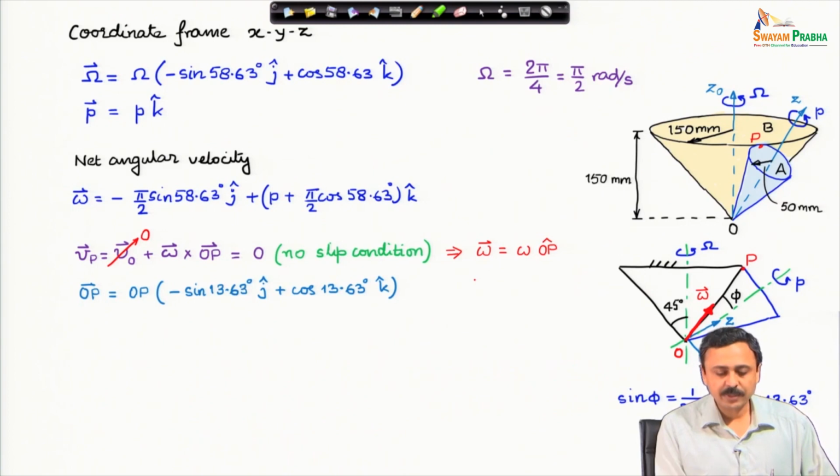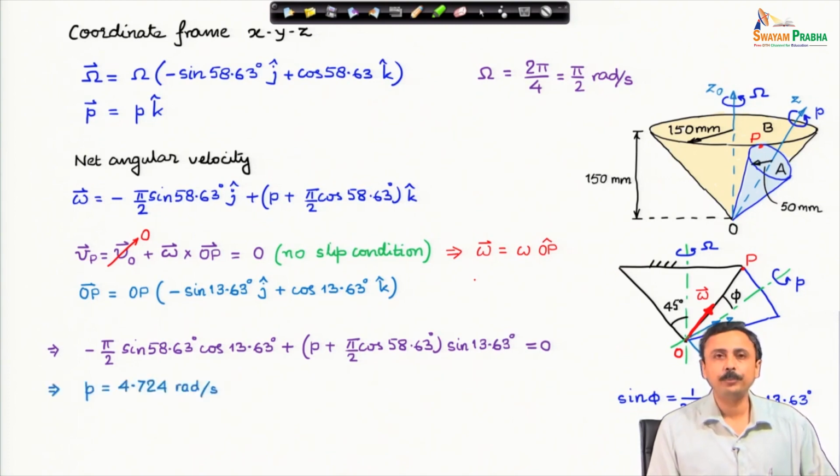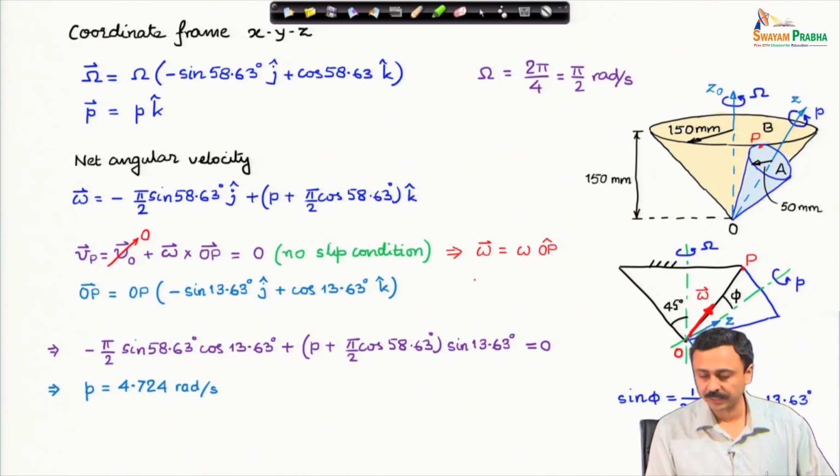Now, OP vector I can represent very easily. I have this angle phi, I can represent this vector in xyz, which I have done, and this is omega cross OP's expression. I have done these algebraic calculations. You can easily do this and put that to 0, and from here you can solve for P, and that is P equal to 4.724 radian per second.